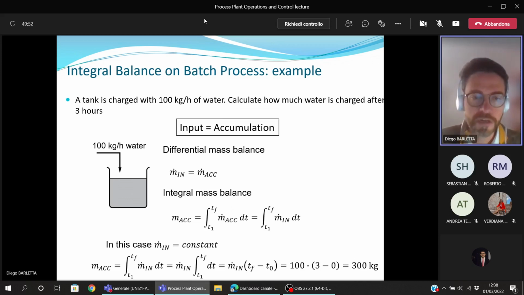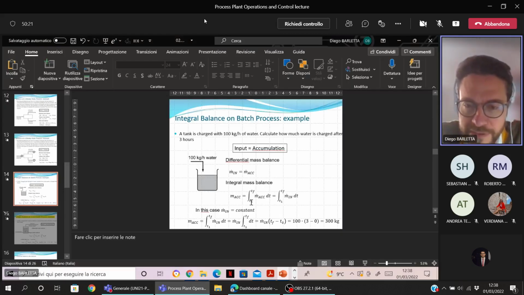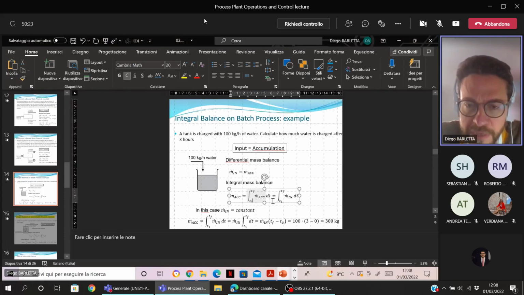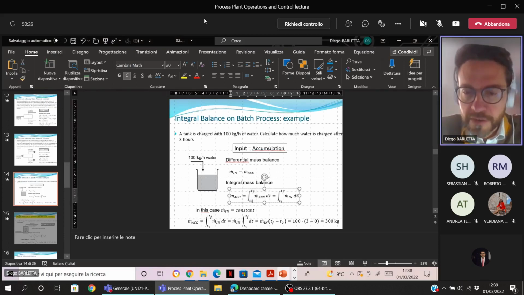In this particular example, we are considering that instead the mass flow rate of the input stream is constant. And so, of course, we can easily put this quantity out of the integral. And so we have m dot in multiplied by tf minus t0. Actually it should be t1, or we put all t0 and tf, maybe it's better because t0 we think of as initial time.